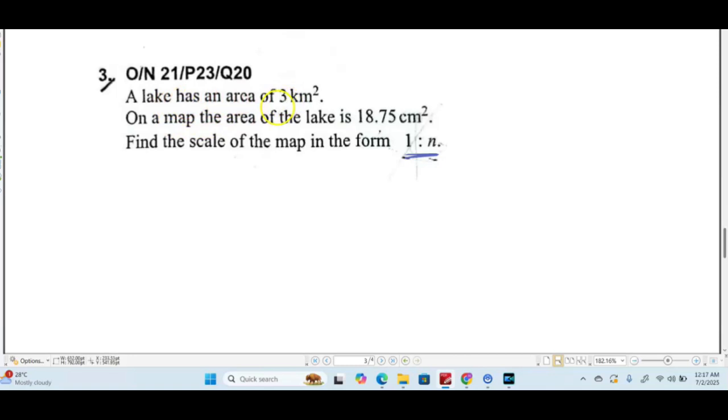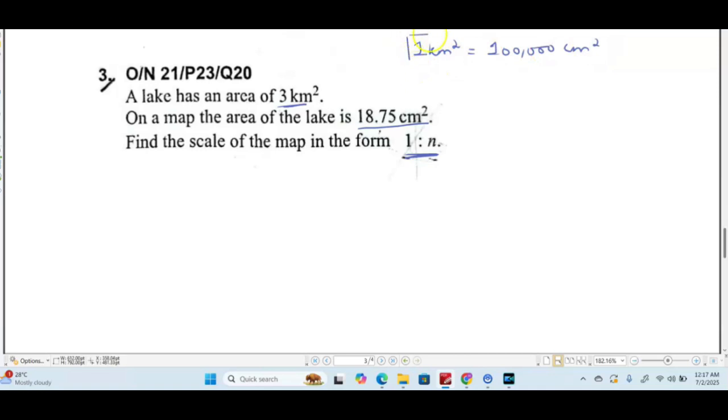A lake has an area of 3 kilometer squares. On the map, the area of the lake is 18.75 centimeter squares. Find the scale of the map in the form of 1:m. While doing these questions, just remember one thing, that 1 kilometer square is equal to 100,000 centimeter squares.